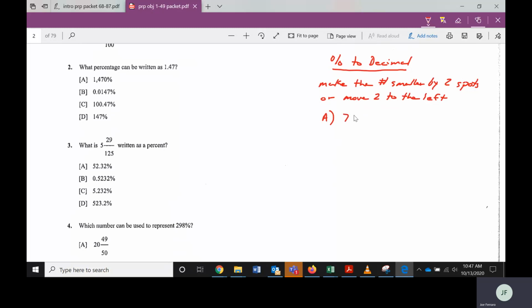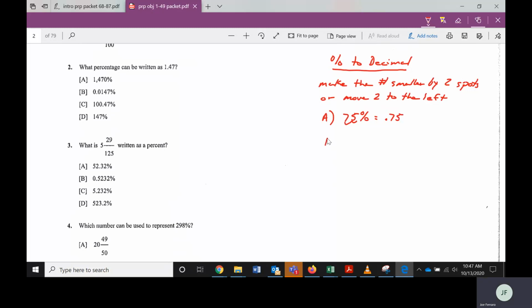So if you have 75%, now if you don't see a decimal here, it's like saying the decimal's at the end. And now we're going to go 2 to the left, 1, 2. So it's 0.75.